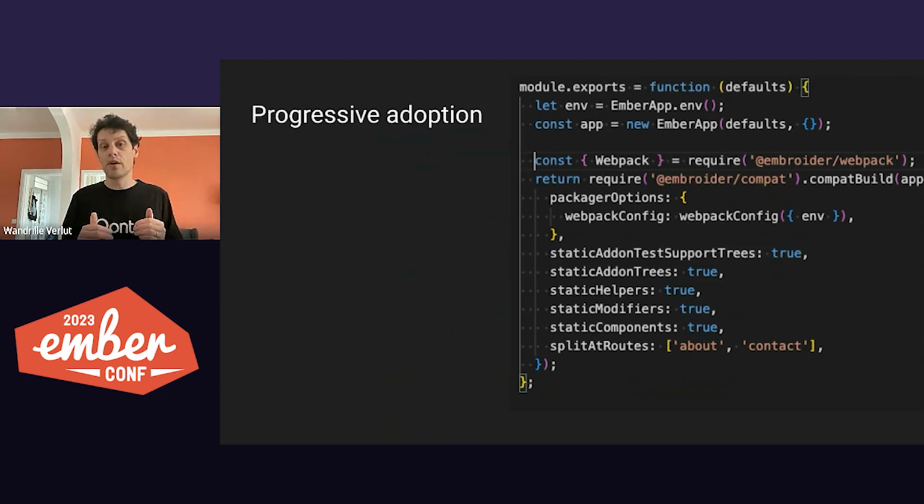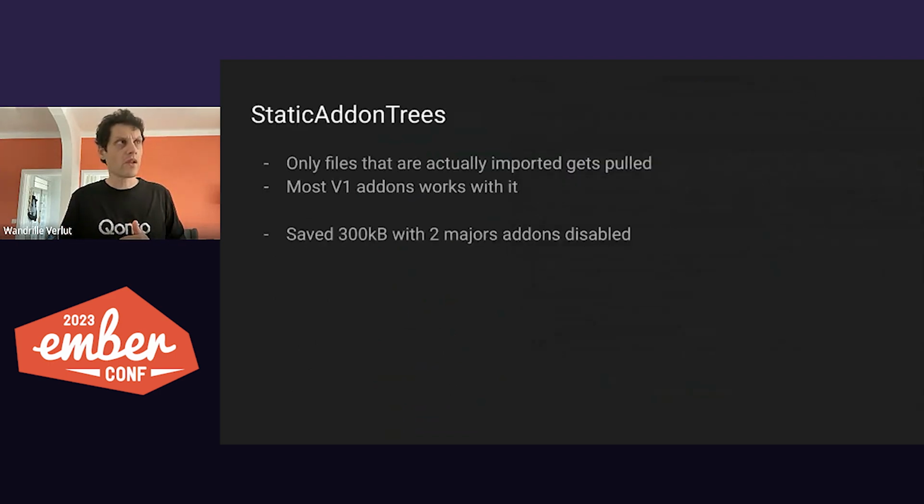At each step, Embroider will make more assumptions on static analysis of your app and try to tree-shake new things. As a side note, they are listed in the right order, so you can activate them first with add-on trees, then helpers and modifiers, then components, and only then you would be able to do route code splitting. We'll go through each of those steps together.